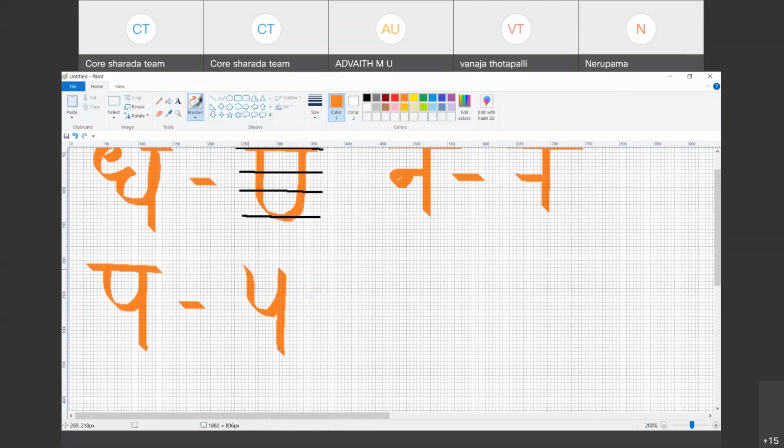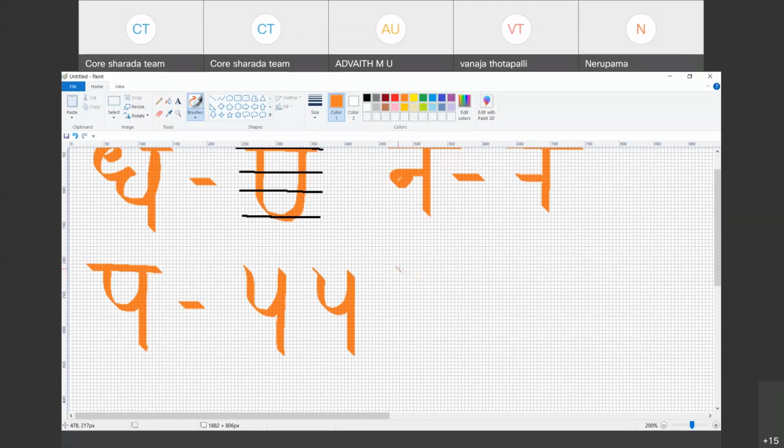So to get this curve right, what we had learned last time, you will draw pa, simple pa how you draw for Devanagari. And in the beginning here, where you have left the space open, we'll just draw a curve here. This is another way of drawing this letter.